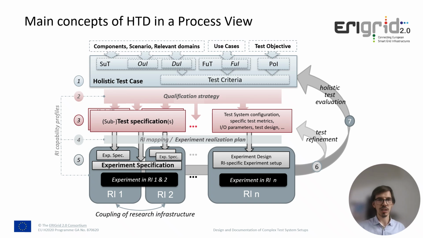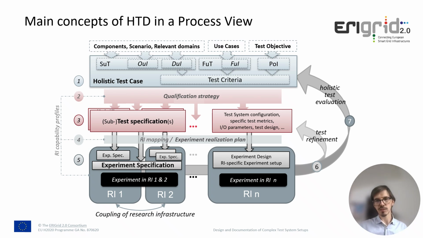The test specifications give us more refinement on what exactly needs to be tested in each subtest. So there can be multiple sub-test specifications for each holistic test case. And we have the experiment specifications, of which, again, there can be multiple experiment specifications for each test specification.